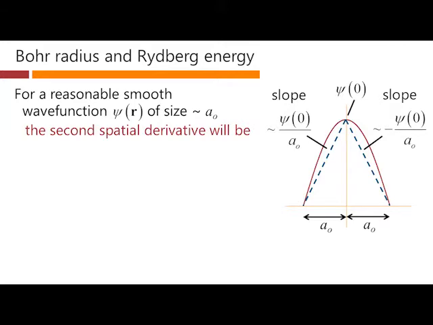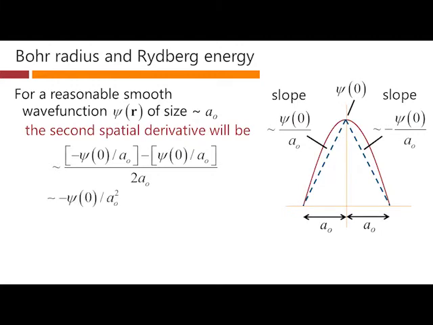Now, we could choose various different definitions for these that would give slightly different answers, but it doesn't matter here. We're just trying to get a very rough answer. So the approximate scale of the second derivative is this slope minus that slope divided by this distance, and that's going to give us approximately minus psi naught over a naught squared.